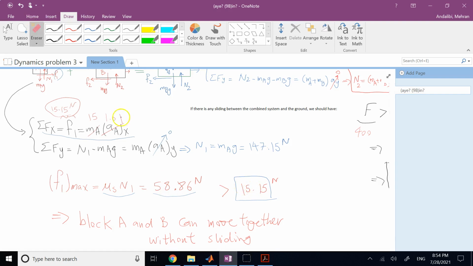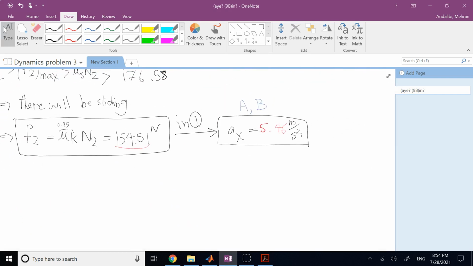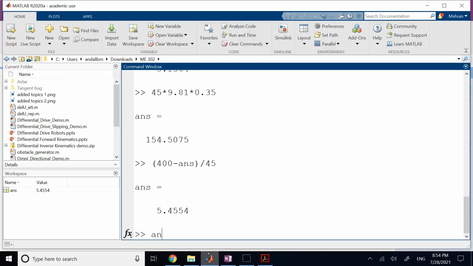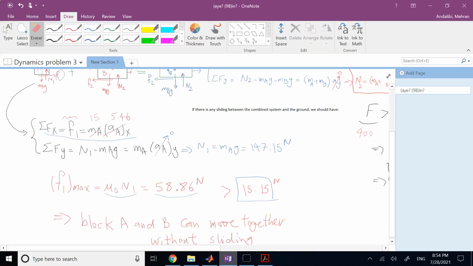This time you have to replace this 1.01 by how much? By 5.46. And if you replace that by 5.46, the amount of friction that you get from this top equation is going to be 81.83.